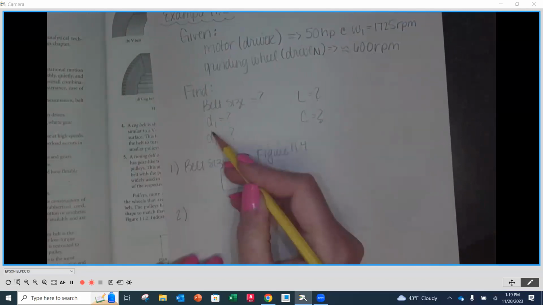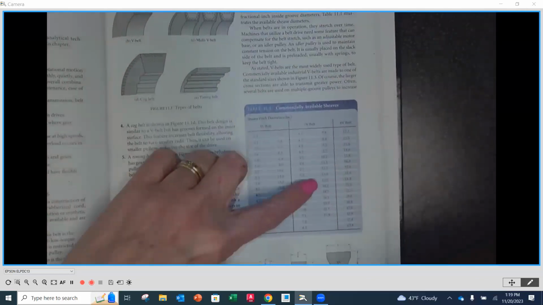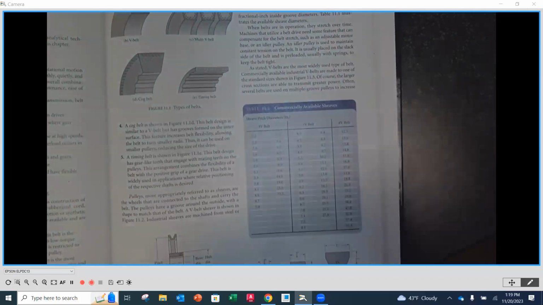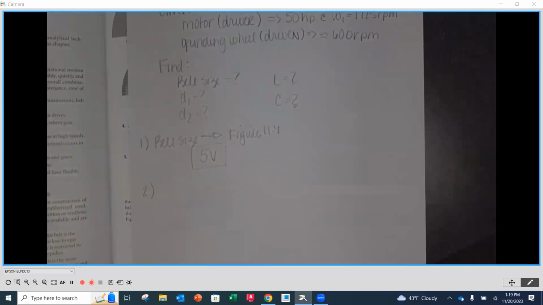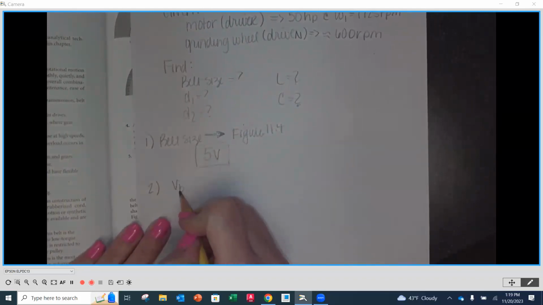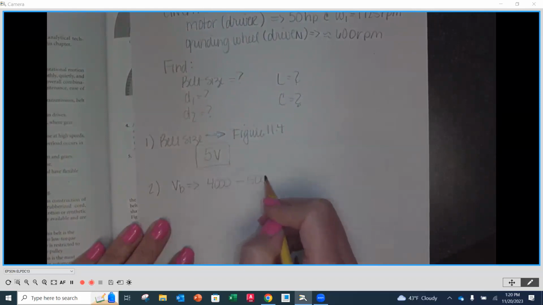Now, for diameters 1 and 2, we know we have to stick to standard size V-belt sheaves. But we also need to figure out where we are. We know that our pitch line speed optimally will be between 4,000 and 5,000 feet per minute.